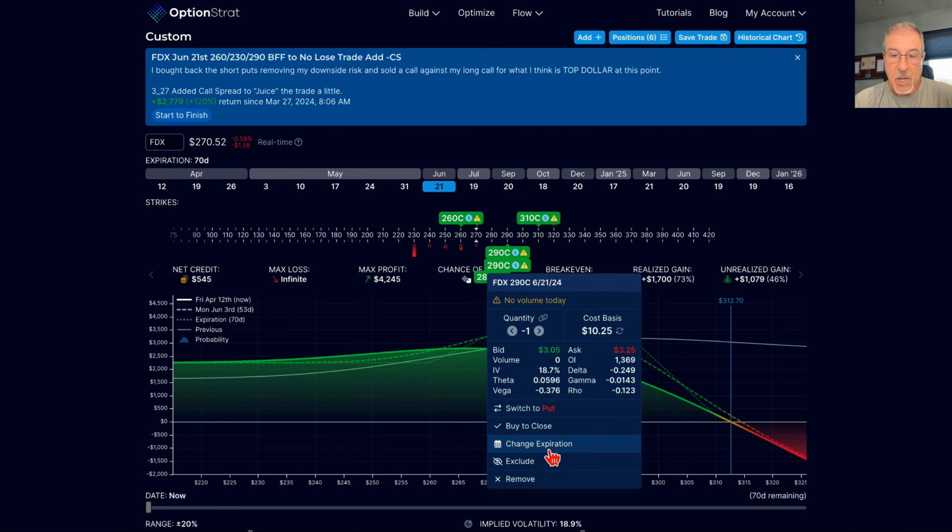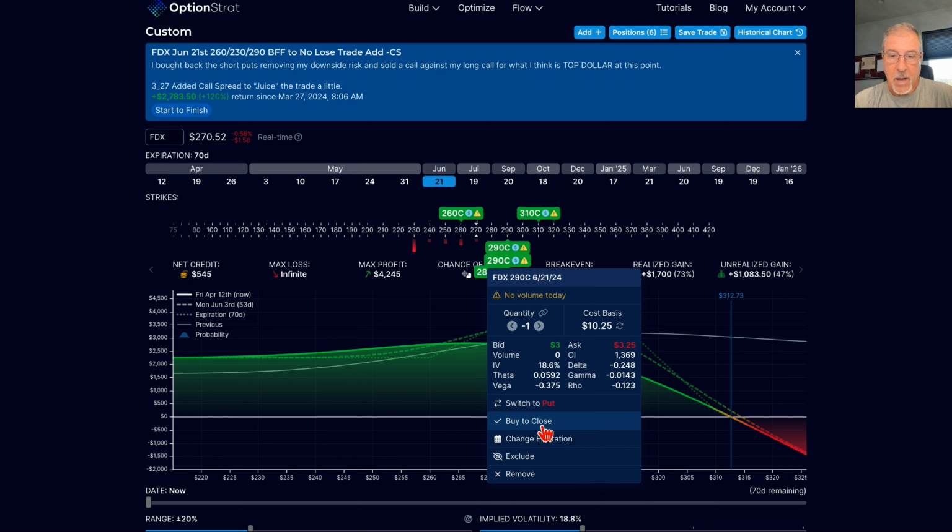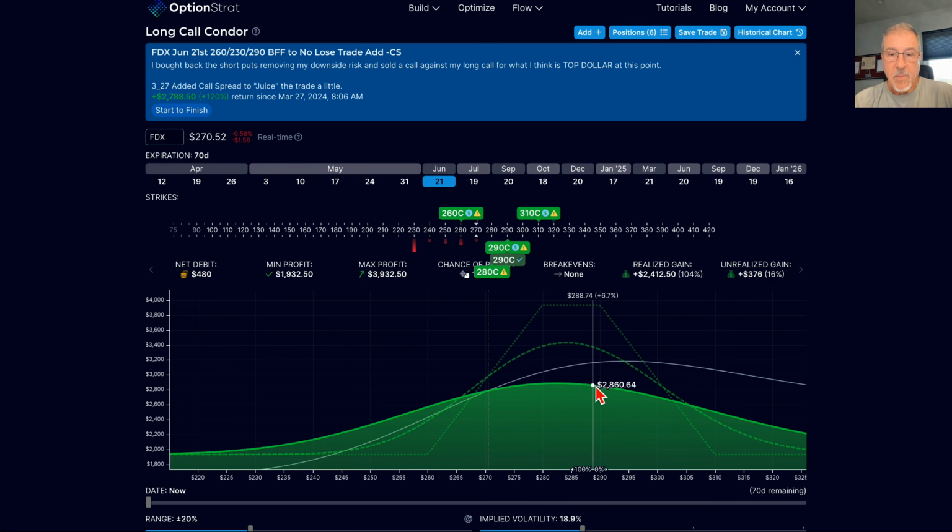So let me come in here and buy to close. I'm just going to go on the mid of the bid-ask spread. So I'm just going to buy to close at the mid. And then this is now our new trade.